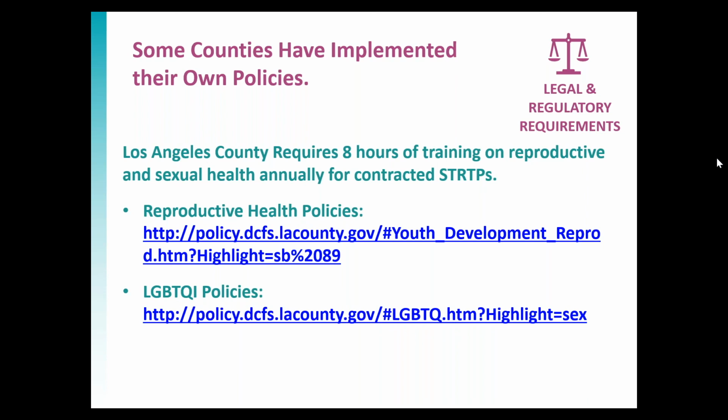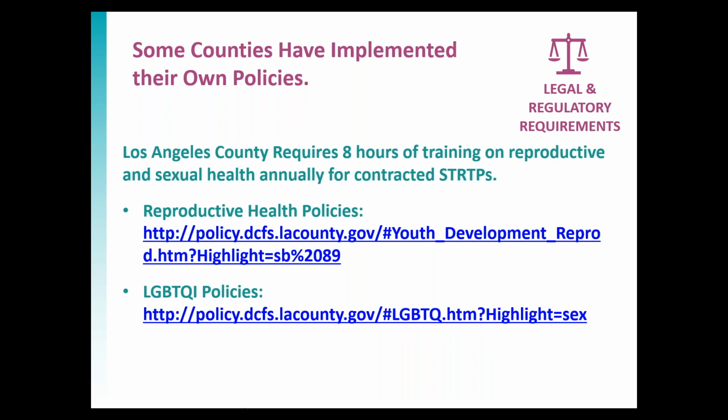Los Angeles County is one example of a county that has implemented its own policies. Los Angeles County now requires that contracted STRTPs ensure that their staff receive 8 hours of training on reproductive and sexual health annually. Here are some links to some of the LA County policies. This is just one example.